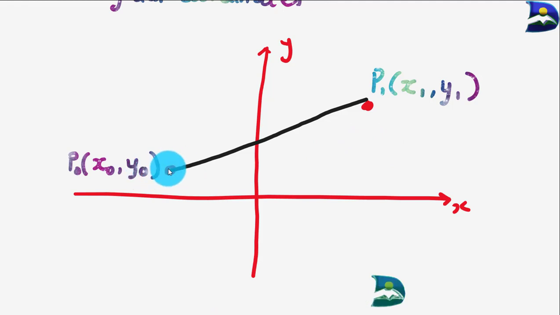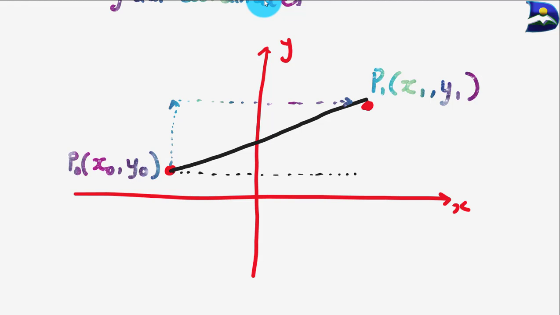You can actually go this way, which is you go up a distance and then move to the right. That is one way of approaching that. The other way is by moving all the way to the right first, and then you go up to P1. So those are the two ways.